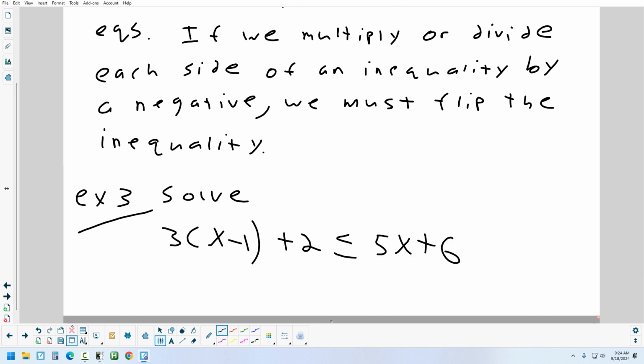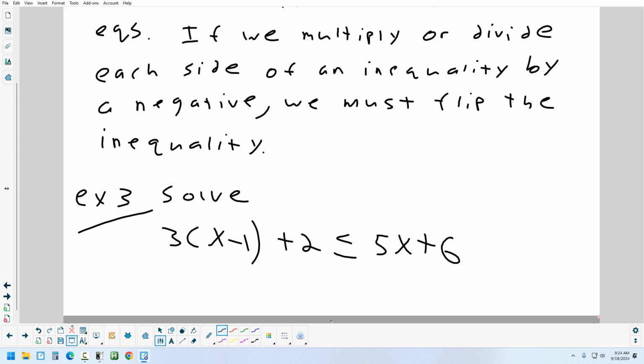All right, so let's see if we can solve this one. Joe, what would my first step be when solving the inequality in example 3? Okay, and how would you do that? So we don't have any like terms we have to deal with yet.